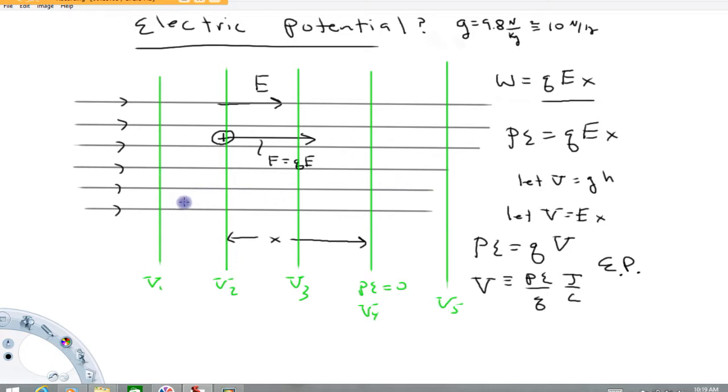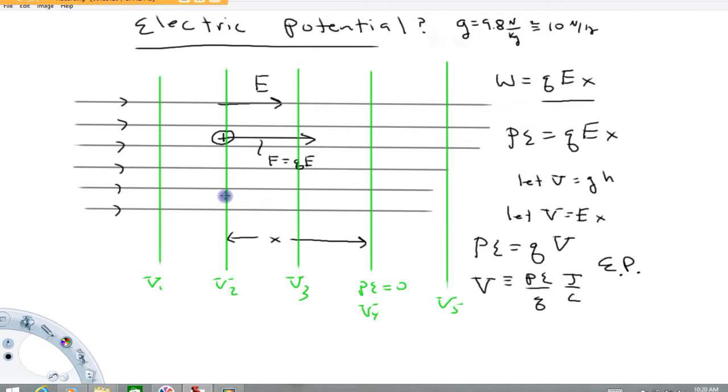In fact, anytime you move to the right, you'd be dropping in potential. So of these numbers, the highest potential is this one, because you always drop in potential when you go with the field. The lowest potential in my picture here is this one. So anytime we move to the right, we're dropping in potential. Anytime we move to the left, we're increasing in potential. Anytime in this picture we move up or down, we are not changing in potential.